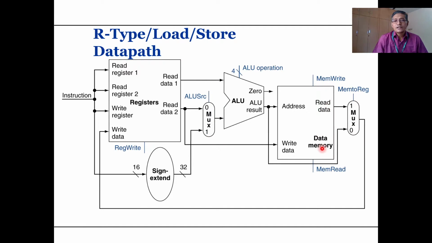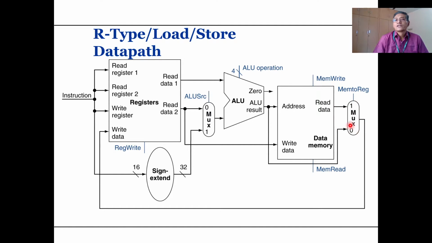Similarly, after the data memory, the result should be stored into the register, either from the data memory or from the ALU. Two ways are possible: for the load word instruction, or simply the R-type instruction where the result should be stored into the register. So here also two different data are emerging.